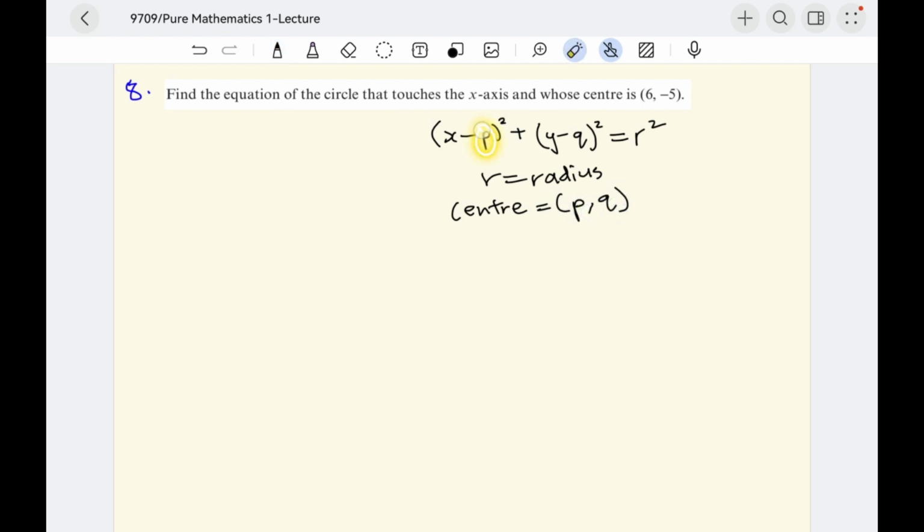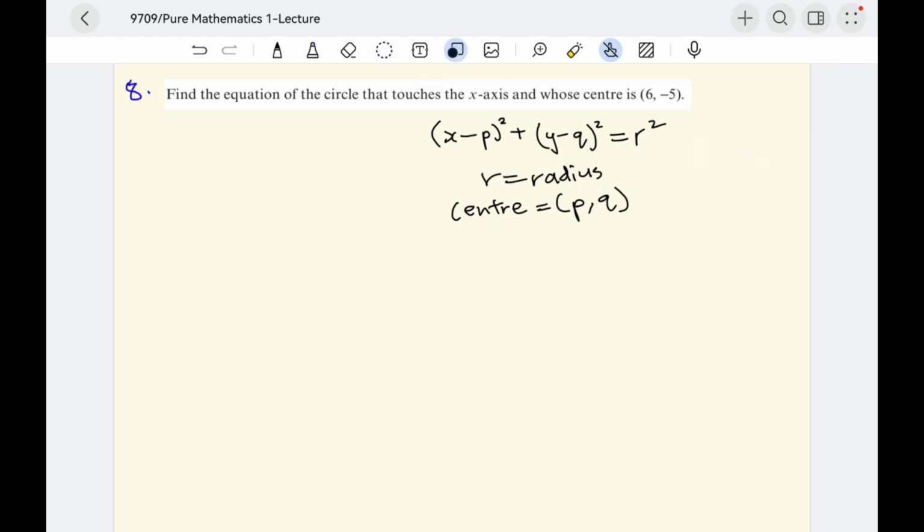Just take the p and q only from the negative. If you see (x + p) squared plus (y + q) squared, it means your center must be (-p, -q).